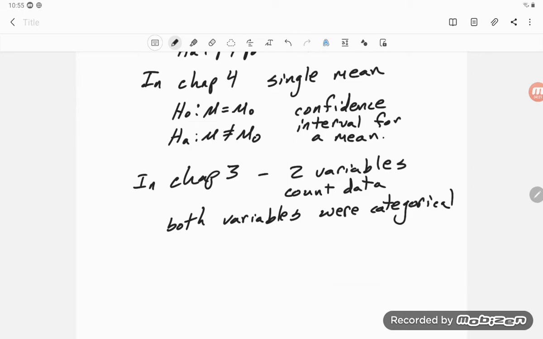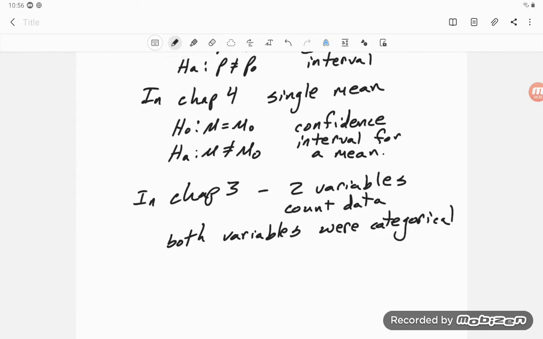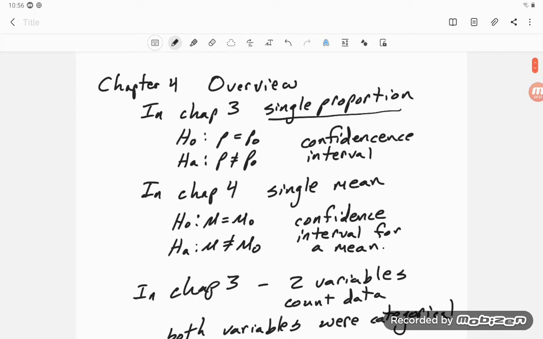Okay, and so in looking at the two variables in count data, we went to the chi-square test of independence. So again, up here for single proportions, actually I should point out that we could use the chi-square goodness of fit for all of these, no matter how many aspects of the proportions we had.